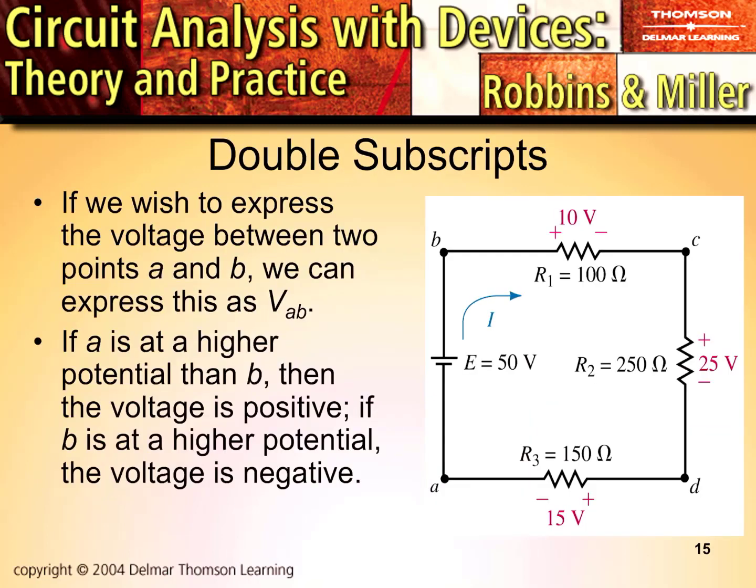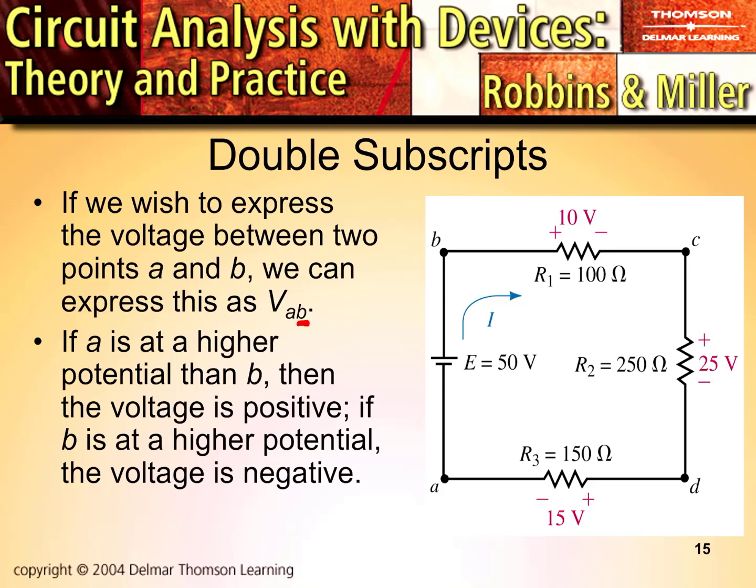So double subscripts then, we talked about this in ELAB. The voltage VAB is saying what is the voltage at point A with respect to B. B is the second letter, so it becomes the reference. If A is at a higher potential than B, then the voltage is positive.